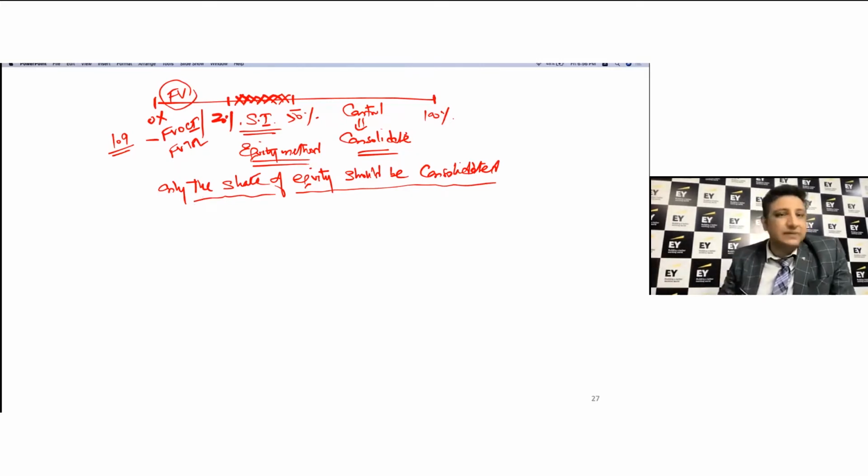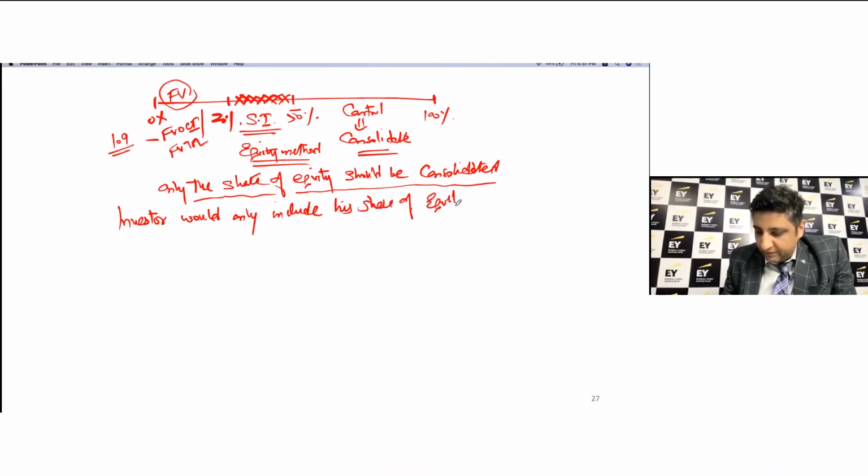So the investor has to only take his share of equity and show it as a part of its investment in the associate. We are saying that the investor would only include his share of equity to measure the investment in the associate.